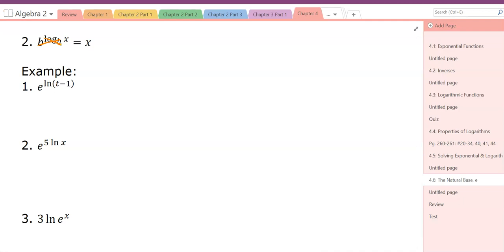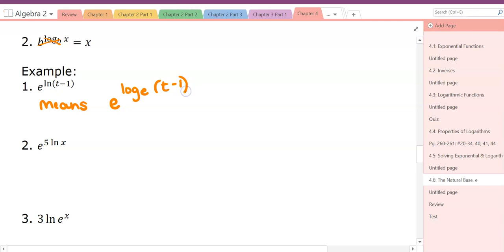Okay, so when you see it with E being raised to the natural log, again, what this means is that if I was doing E raised to the log base E of my quantity t minus 1, these are interchangeable, and I can basically cross off E raised to the log E and E raised to the natural log, and I'm left with just that exponent quantity, t minus 1.